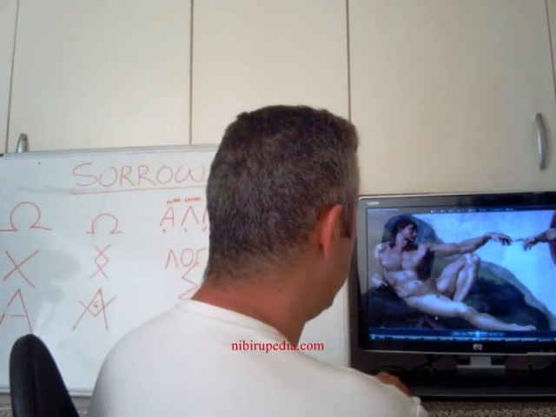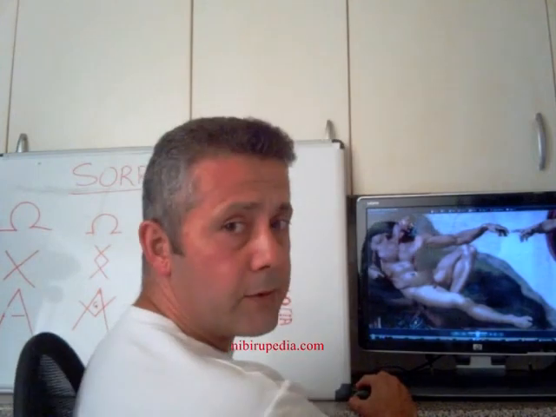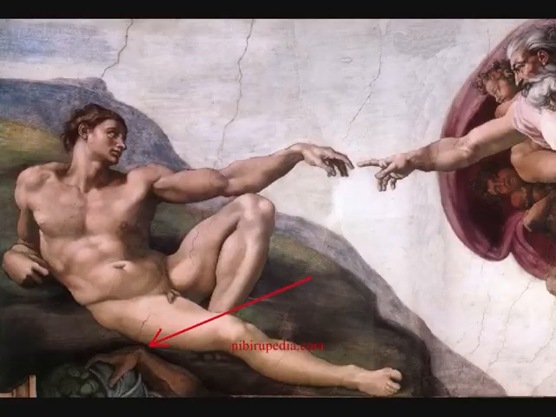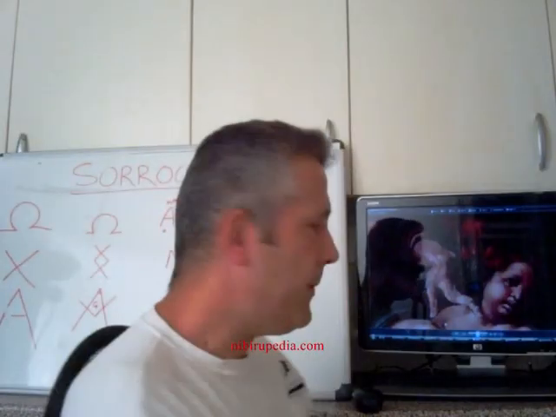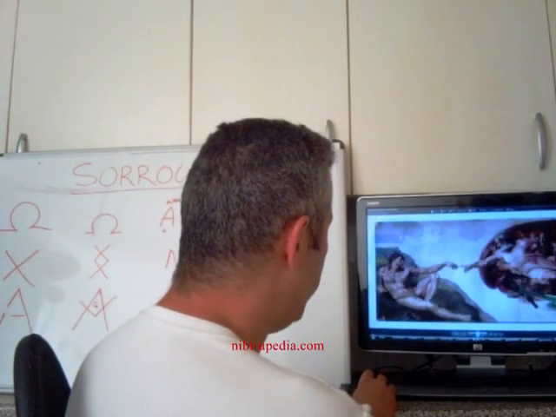For instance, if you look at this hand underneath what's supposed to be Adam, it's got a very strange finger signal there, which you may not be able to see too clearly, but that same finger signal is found all the way over here, made by what's supposed to be God but cannot possibly be God. So it's got exactly the same finger signal there. Now let's just go back, zoom out the painting there.